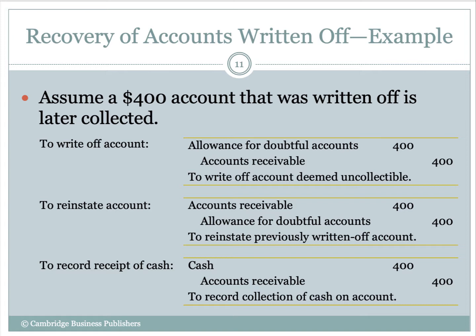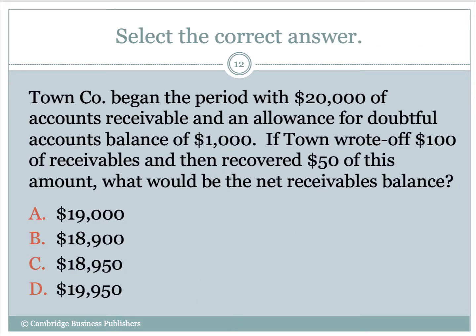That's how we reinstate the account. We got the cash, so now we need to record the cash receipt. This is a no-brainer because we've already done this: debit cash, credit accounts receivable. We're recording the collection of cash on account.